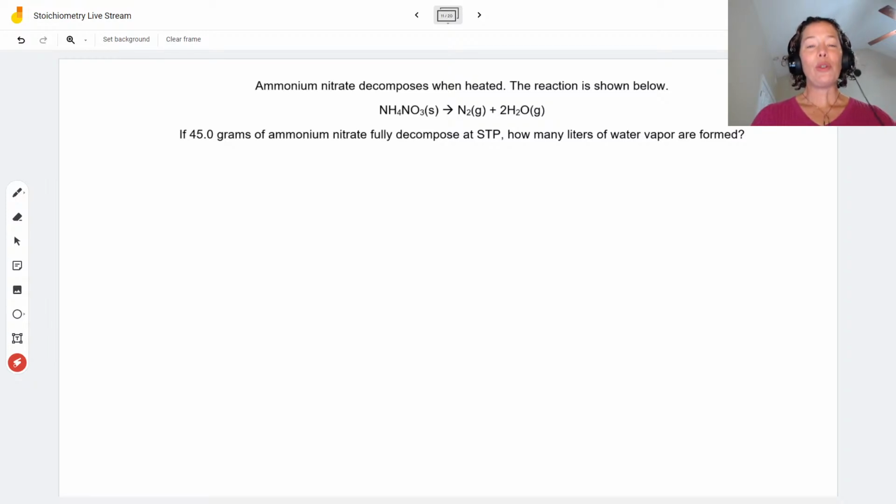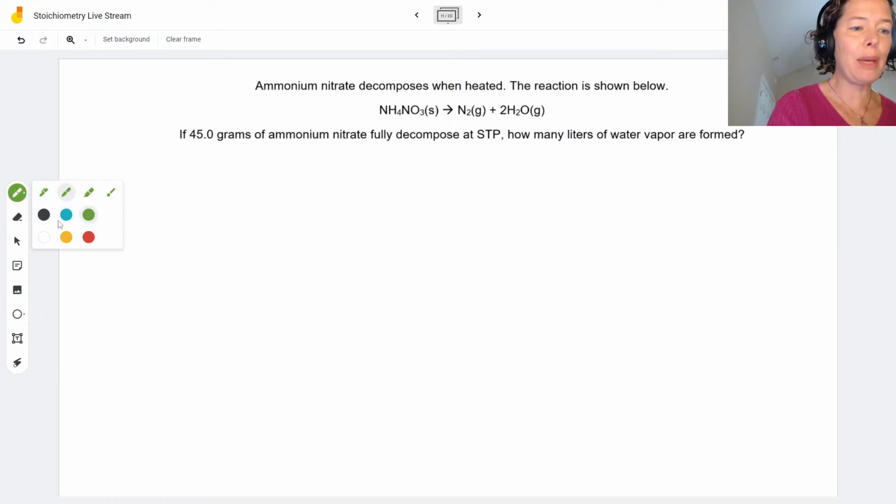So whenever we're doing stoichiometry, we know we're going to use a mole ratio. So the first thing that we need to do is convert these 45 grams into moles. And the way we do that, of course, is with the molar mass. So let me just switch up to my pen.